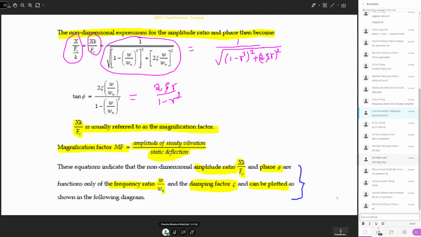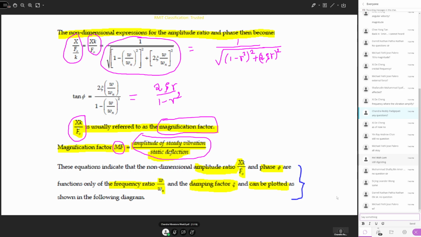So this x k over f naught is known as the magnification factor. This magnification factor implies the amplitude of the steady vibration over static deflection. In other words, how the amplitude of the vibration is enhancing or magnifying.